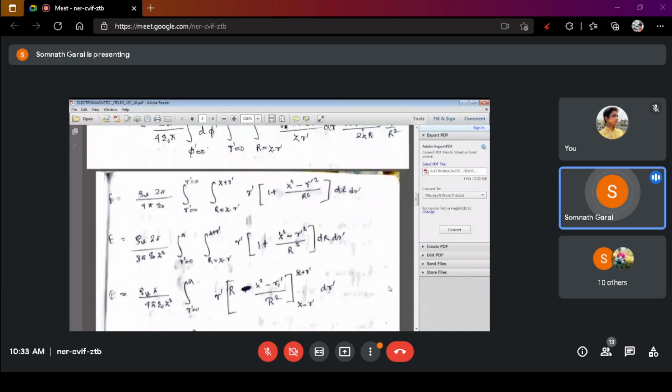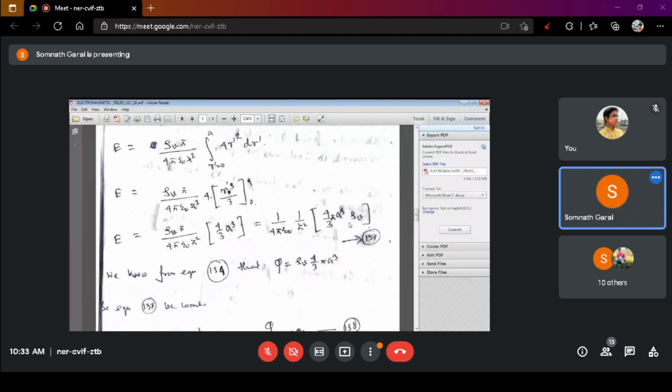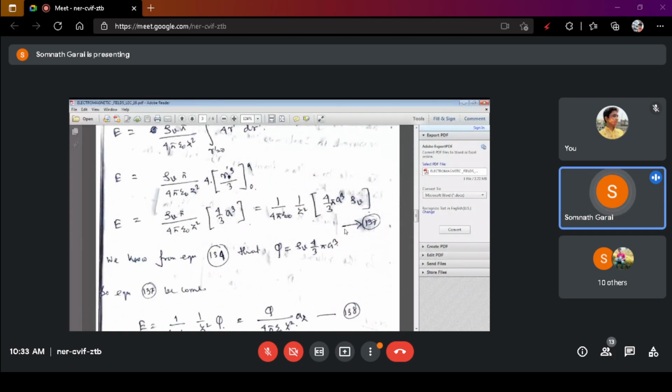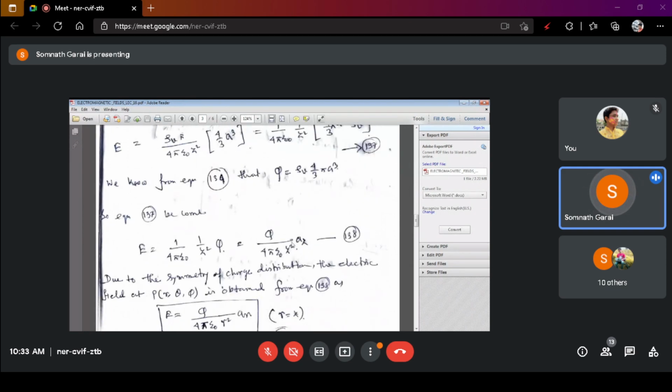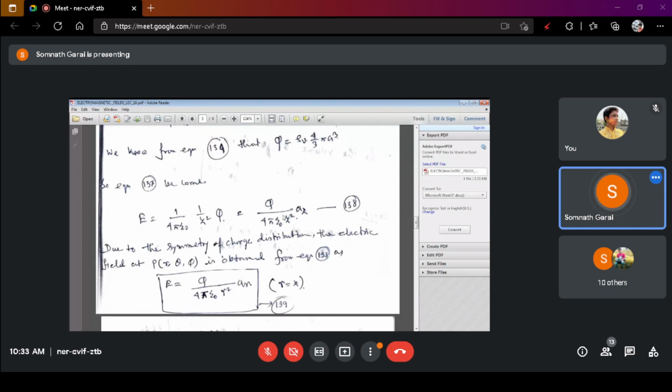So put the value here. Now put the value here. So E is equals to Q by 4 pi epsilon naught Z square AZ.